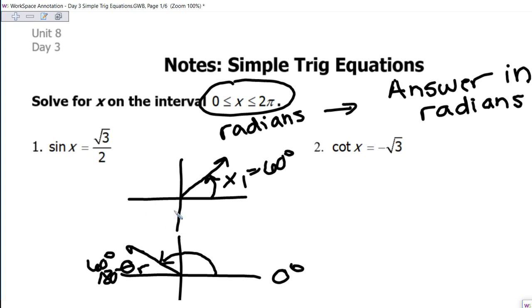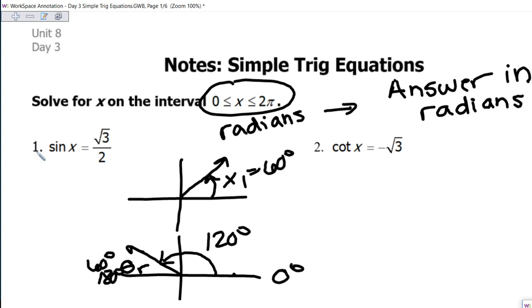I know this entire piece is how many degrees? 180, and I know my reference angle over here is 60 degrees. 180 minus 60. We need to be able to do this on the easy problem. So it's 180 minus 60 degrees to get us 120 degrees.